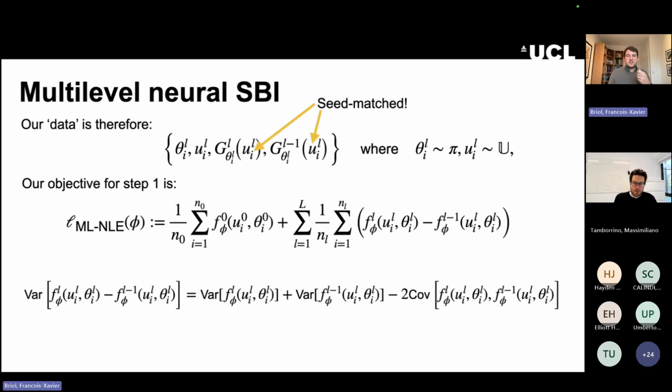Now, if I have seed matching, this covariance will be very large because GL and GL minus 1 will be very similar, and therefore FL and FL minus 1 will be very similar. What this means is that the variance will be very small, because this minus 2 covariance term, which is very large, completely reduces the impact of the first two terms. And that's another way of thinking about why multi-level Monte Carlo works quite well in this setting.